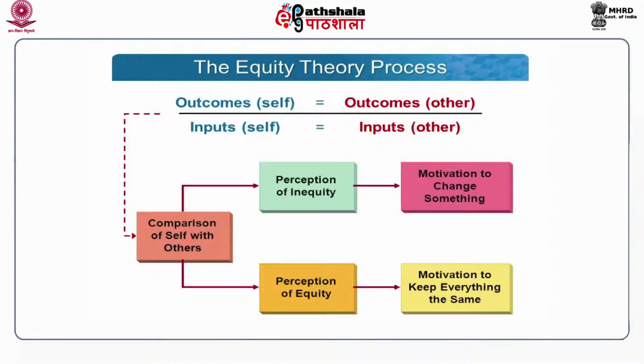Sometimes the workers may get the perception of inequality, then obviously they need to be motivated in this type of situation. And on the other side, if they are treated equally, meaning they have the perception of equity, then obviously they will be much more motivated.